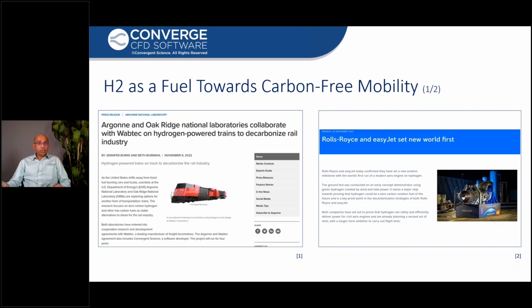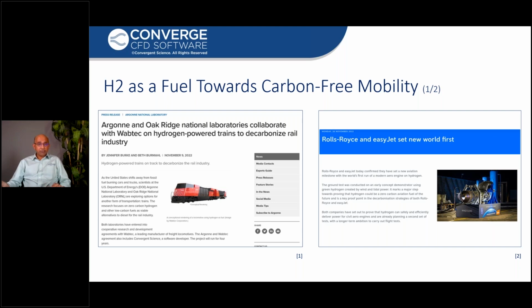This agreement also includes CONVERGE Science as a software provider for in-cylinder combustion. The project will run for 4 years, during which the team will develop hardware and control strategies for the engine, which will run on hydrogen and diesel fuel to demonstrate the viability of using alternative fuels.